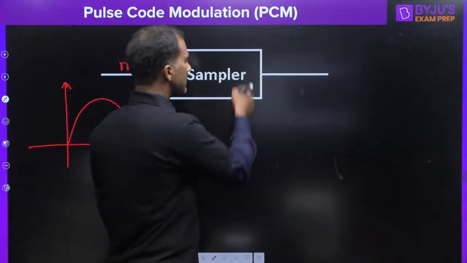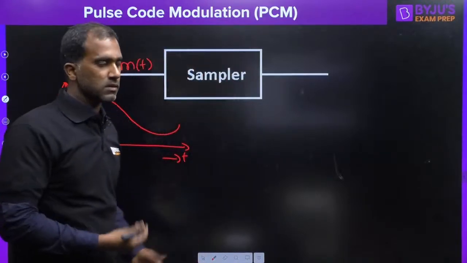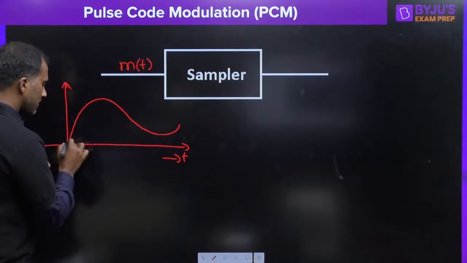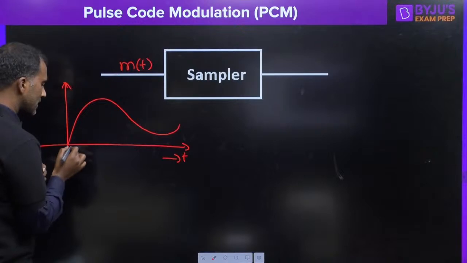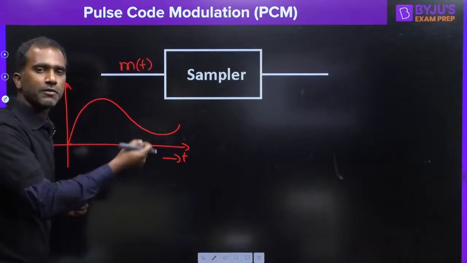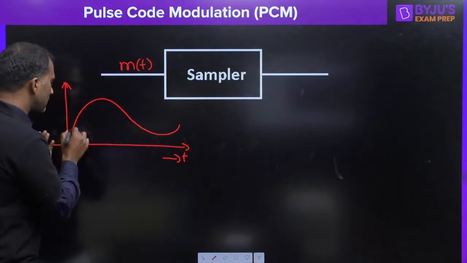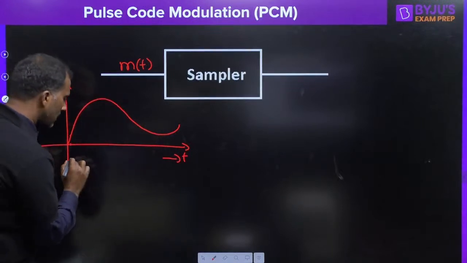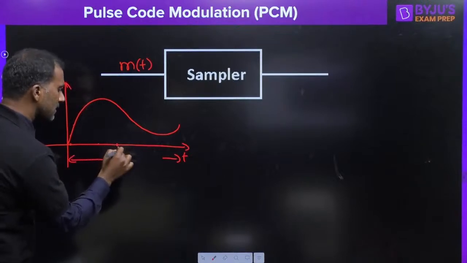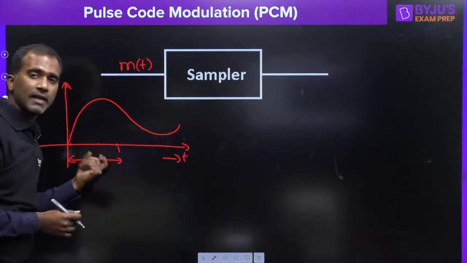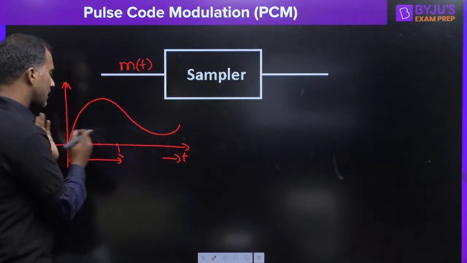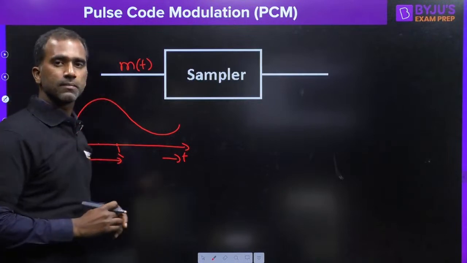When you do sampling on the m of t signal, what happens? In this signal, how many samples are there? At 0 seconds there is one sample, at 0.1 second there is one sample, at 0.2 seconds there is another sample. At every instant of time, we are having one sample. Within a finite time, it can be 1 second or 2 seconds or any finite time, how many samples are there here?